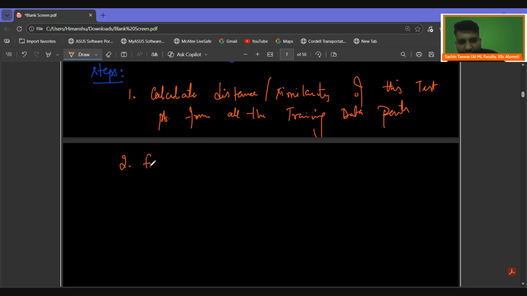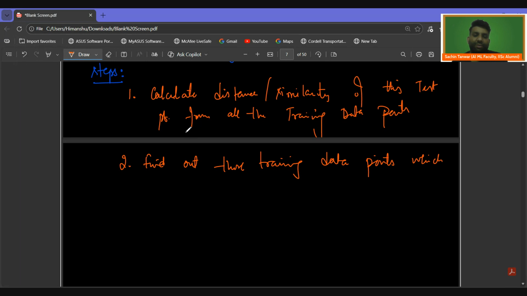So find out those training data points. Find out 3, because we have a number already decided for that, and we are talking about 3 nearest neighbor.